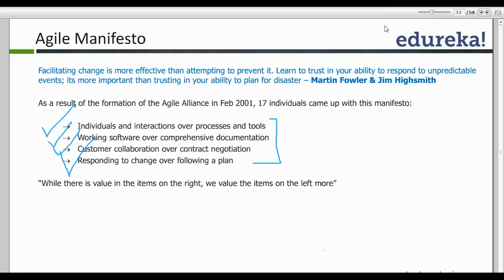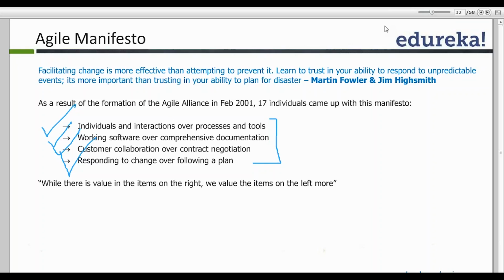Our focus should be on creating working software as early as possible. Instead of always taking the guise of a contract, our focus should be on keeping the customer engaged and establishing collaboration with the customer. So customer collaboration over contract negotiation. The last value statement says that rather than blindly following a plan, we should be responsive to changes, or we should be flexible and adaptable to change. So that is responding to change over following a plan. So these are the 4 value statements in an agile manifesto.